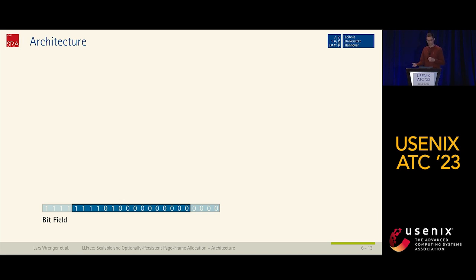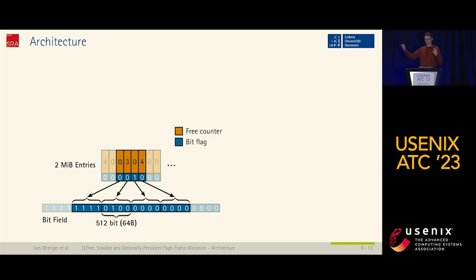And to solve these two problems, we have designed an index-like data structure above those bit fields. And we have grouped 512 bits together and created a 2 MB entry for each of those 512 bits or 512 pages. Because 512 pages are exactly one 2 MB huge page. And these entries contain counters for the number of free pages in the corresponding bit fields.